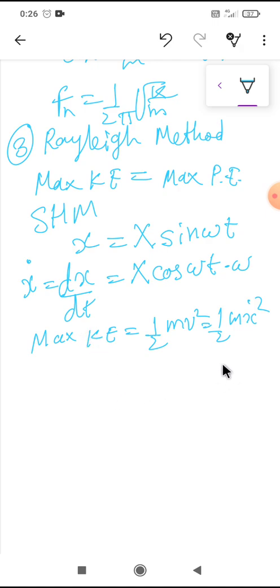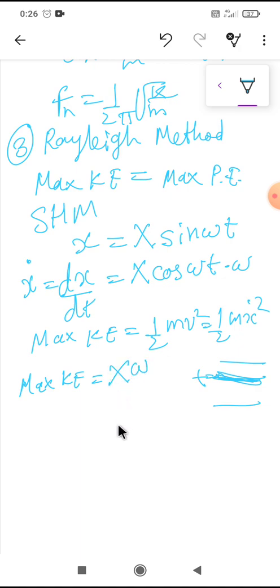It is at the mean position. So here when time t equal to 0, the kinetic energy is maximum. If we take t equal to 0, what will be the value of x dot? Cos 0 is 1, so x dot will be X into omega, or we can call it omega X.